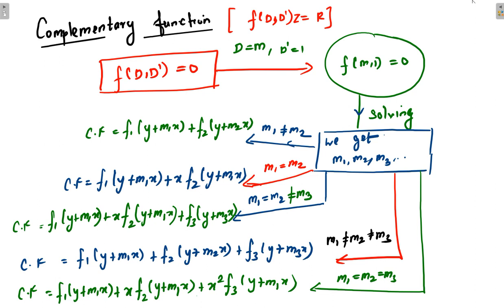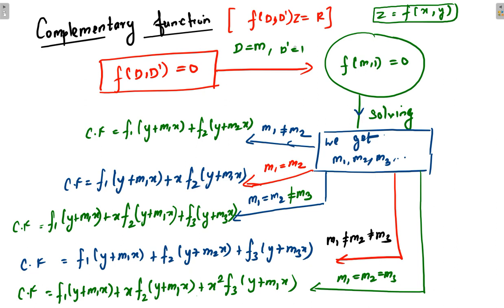Complementary function. Consider the partial differential equation f of D comma D dash into z equals R. Here the equation should have two independent variables and one dependent variable, right?